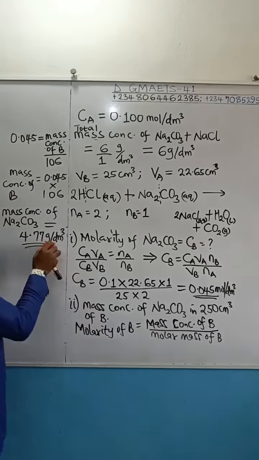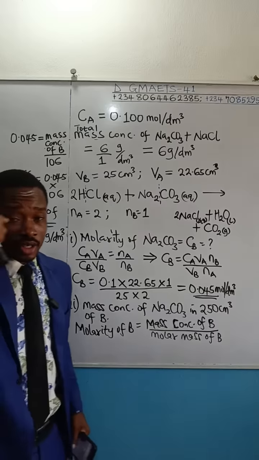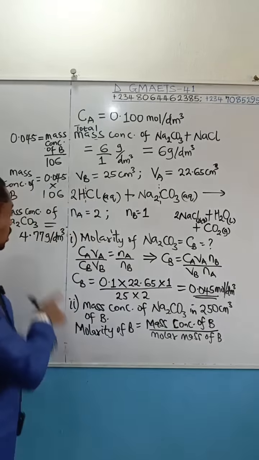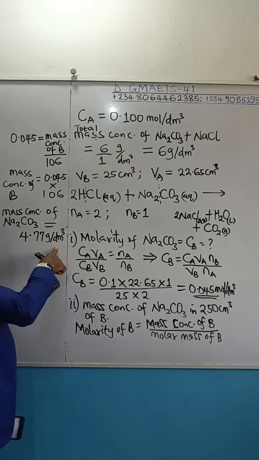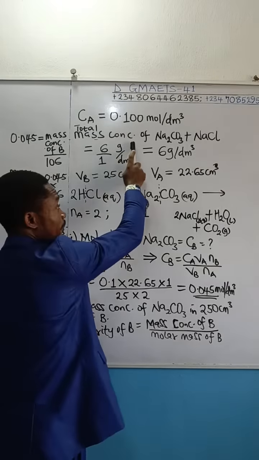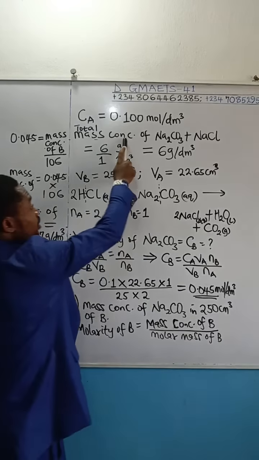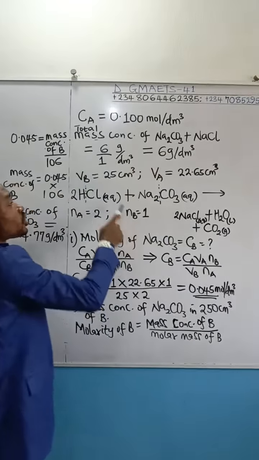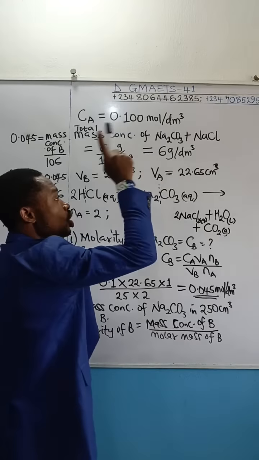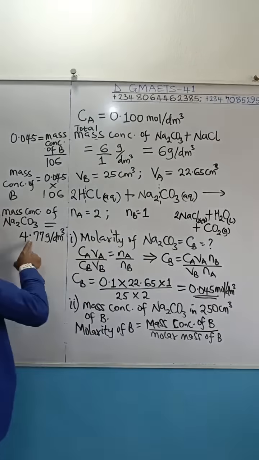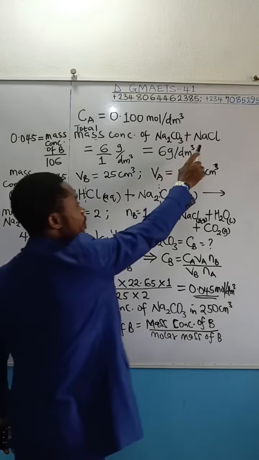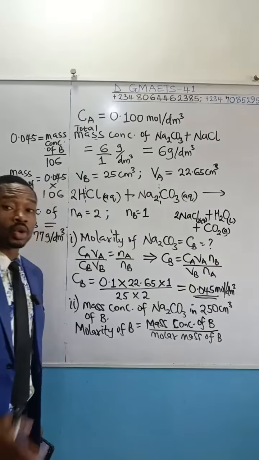I just quickly thought that we are asked to calculate the mass concentration in 250. The one we obtained here is the mass concentration in 1 dm cube. That is 1000 cm cube, which is from here. Like in this total mixture, out of this 6 gram per dm cube, sodium carbonate alone inside that 1 dm cube is 4.77, which means with this you can get the mass concentration of sodium chloride alone.